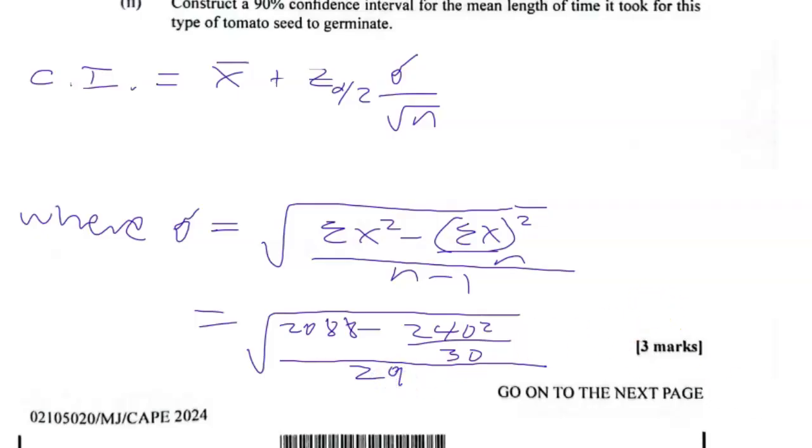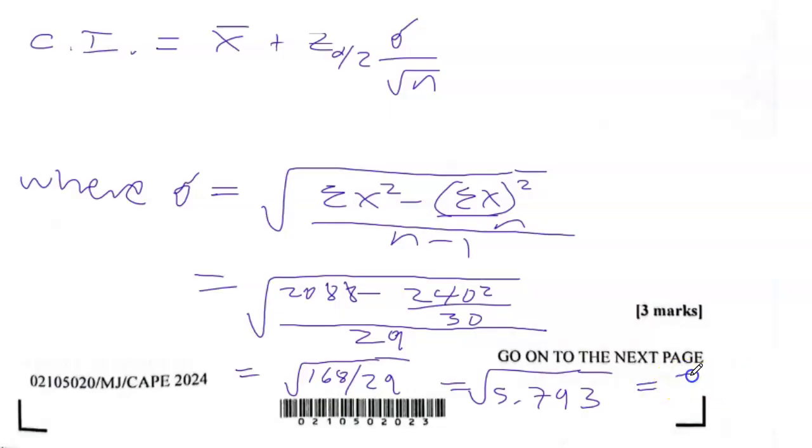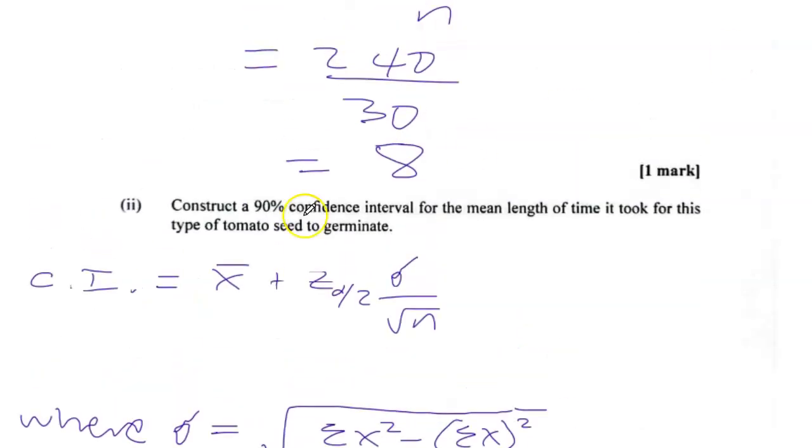So this works out to be the square root of 168 over 29, which works out to be the square root of 5.793, and that's 2.41. So the standard deviation is 2.41.